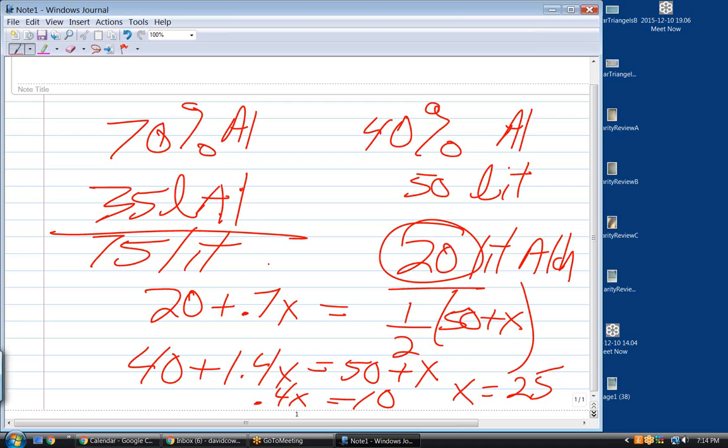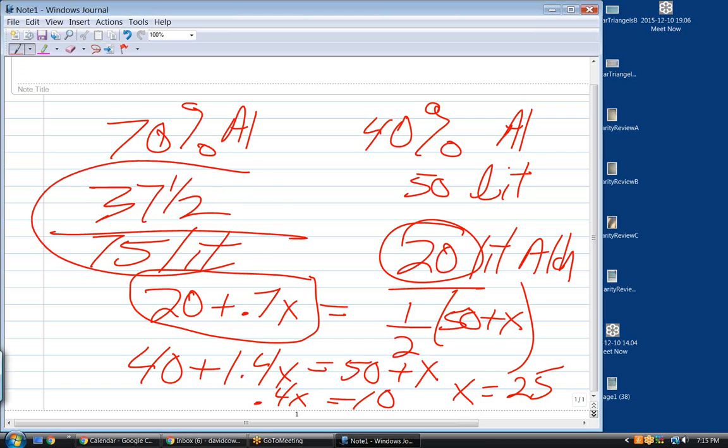No, let's see. This number is not 35. 0.7 times 25 is 17.5. So this is 37.5 is what I will have. And that is a 50% solution. So this equation is correct here.